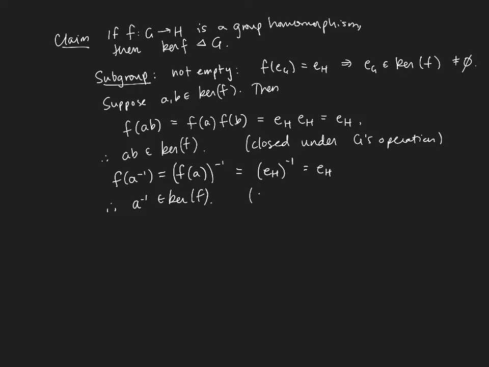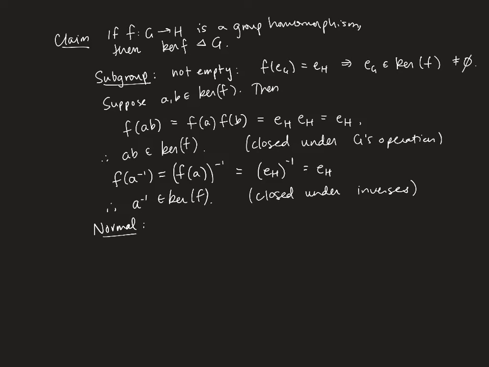So we've got closed under taking inverses. So we have a subgroup. And now the last thing we want to show is normality. To show a subgroup is normal, we have some options.